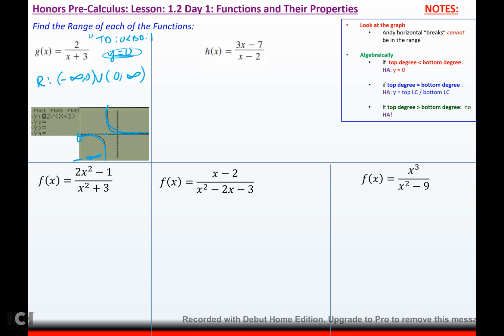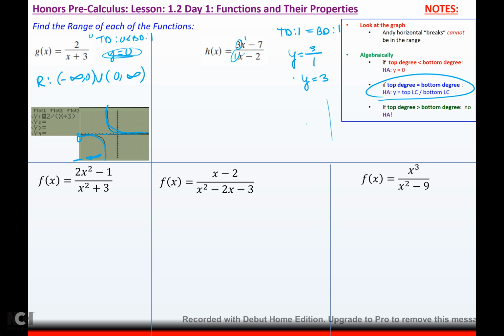Okay, my next one, if you look to see where there's going to be a horizontal asymptote, my top degree is 1, my bottom degree is 1. When they match, your horizontal asymptote is going to be the top leading coefficient, which would be 3, divided by my bottom leading coefficient, which would be 1, so I get an asymptote at y equals 3.